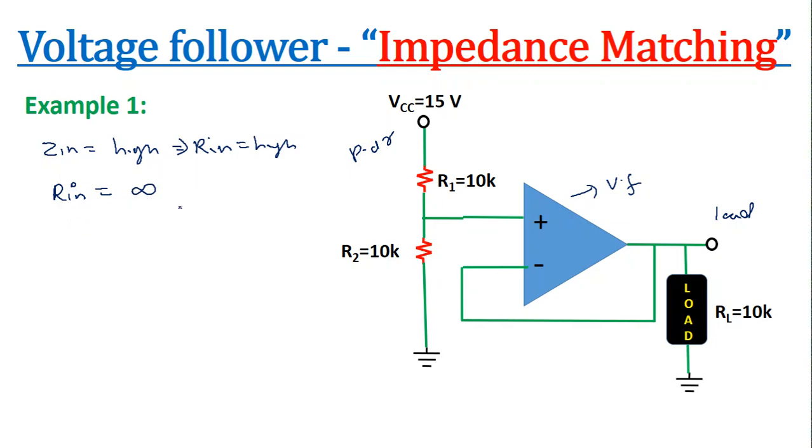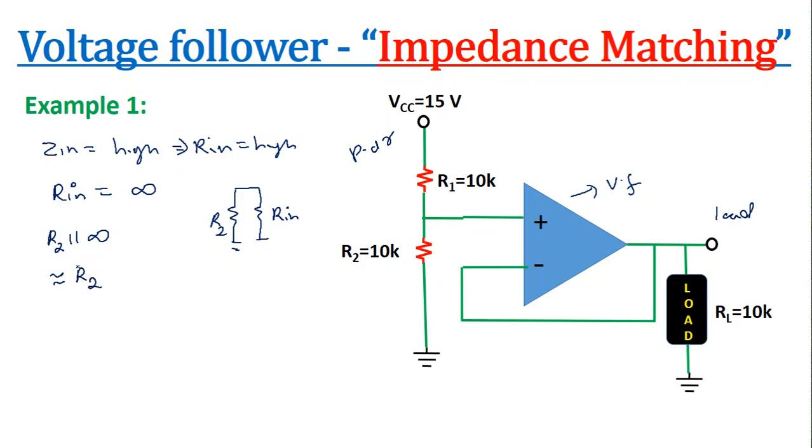Now this R2 will come in parallel with the input resistance of this operational amplifier. So when we solve R2 parallel infinite value, we get approximately R2 only. Okay.